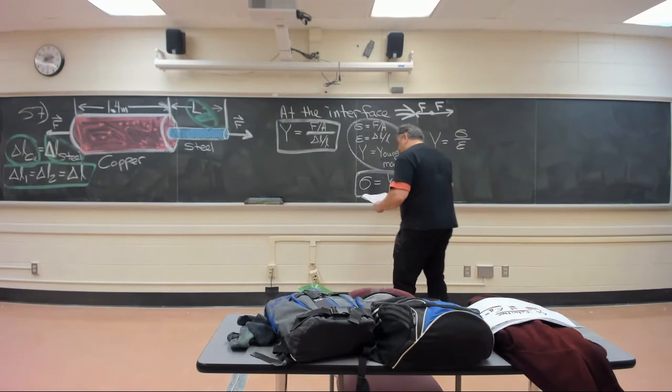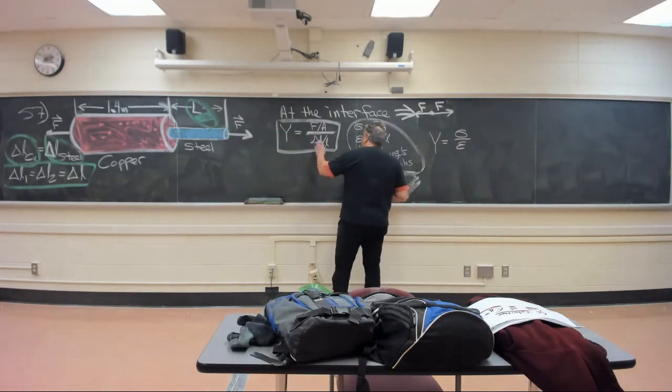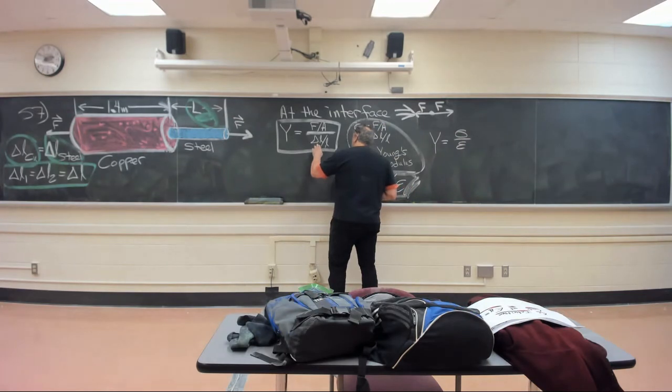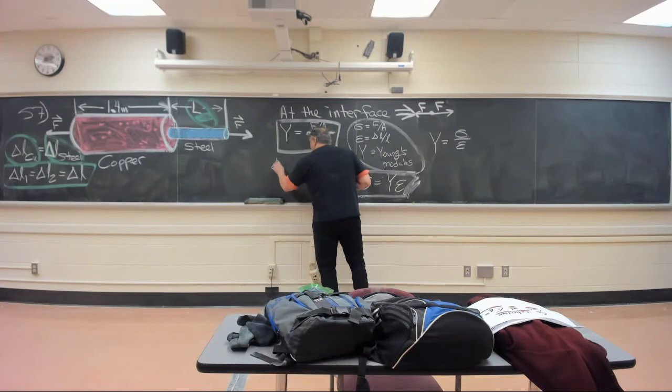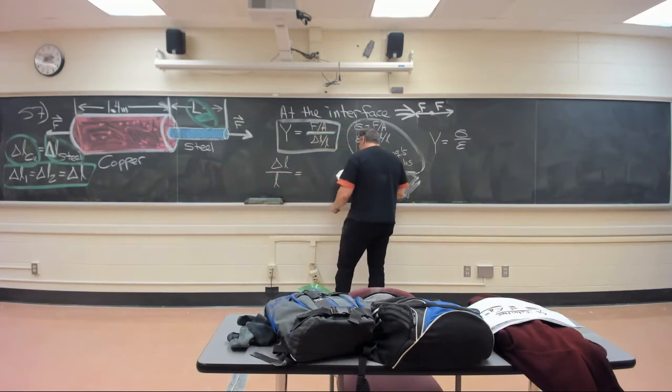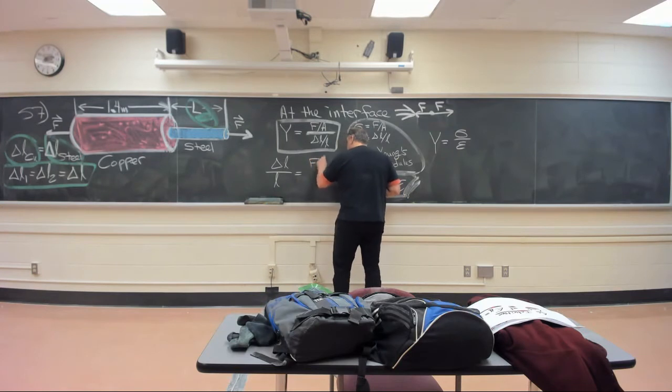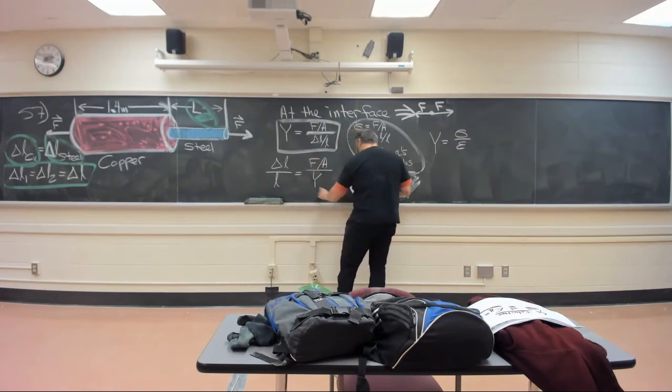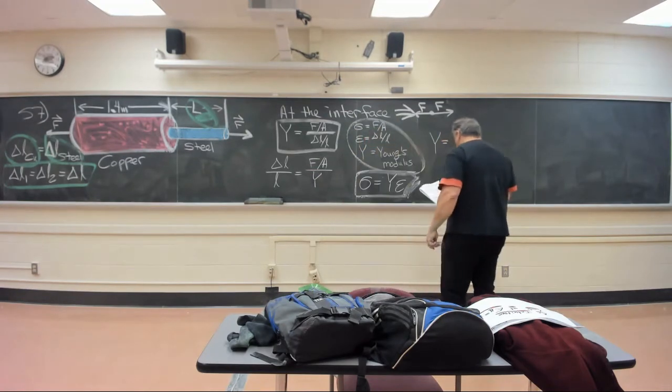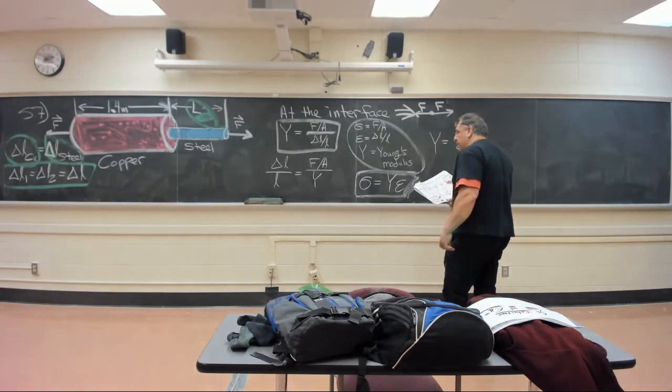Okay. Well, if that's the case, let's manipulate this. Let's multiply by delta L over L on each side and then divide by Y. And we end up getting something to look at here. Yeah, that's a true story.